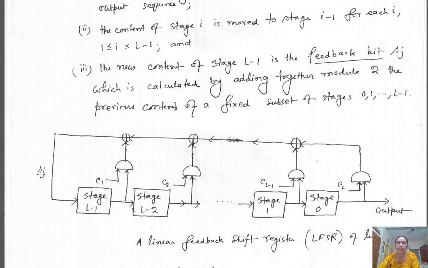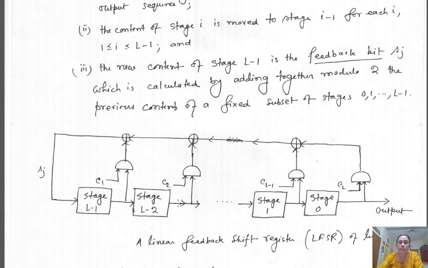So the new content Sj is the feedback bit, which is calculated by adding together modulo 2 the previous contents of a fixed subset of stages 0, 1 to L minus 1.